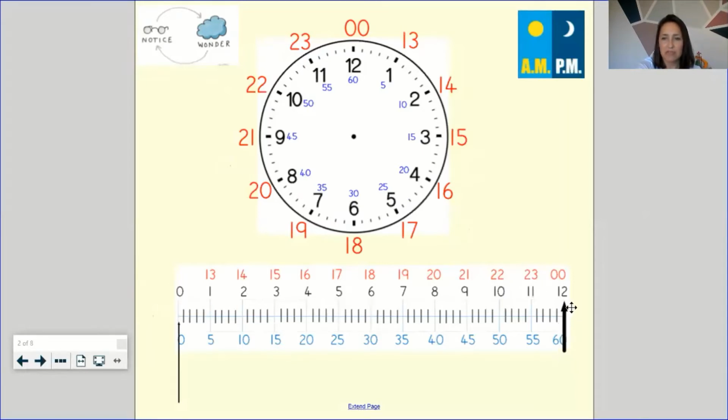So we have it 12 or 00 and pointing at the 0. So that's how you'd use it. If you wanted to count on minutes, you'd go 5, 10, 15 minutes, etc. And if you wanted to count on hours, you would come back from the end and go 1 hour, 2 hours, 3 hours, etc.